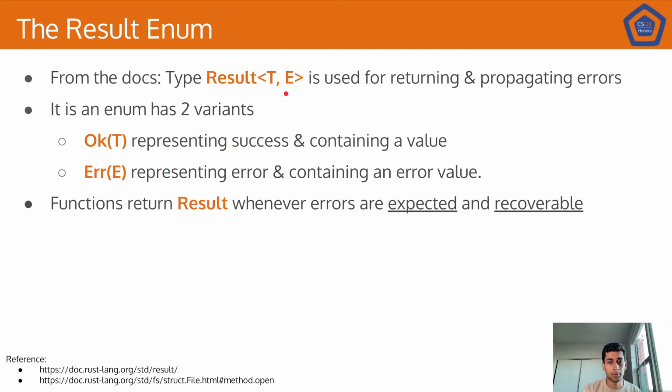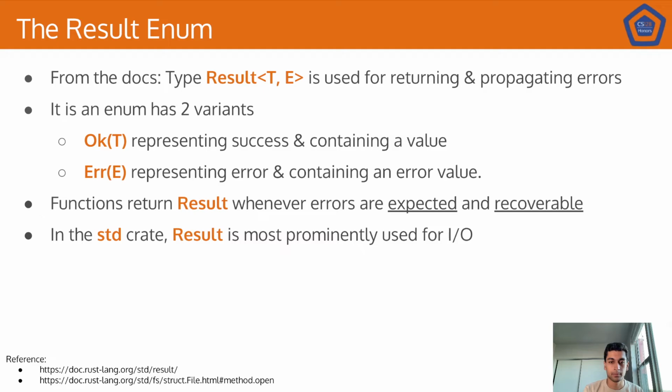So functions that return Result return errors that are expected. So you expect that some error could occur, something could go bad, and the error is recoverable. You always want to try and keep your program alive rather than just crashing and burning. So rather than just quitting your code, Rust makes you return Result, which is a whole lot more meaningful.